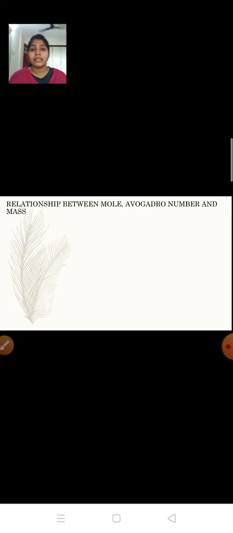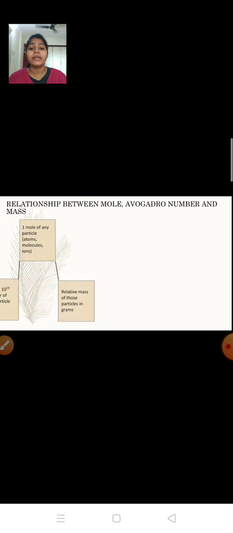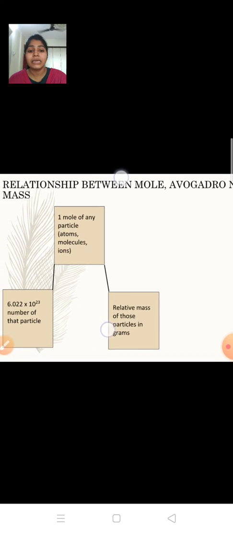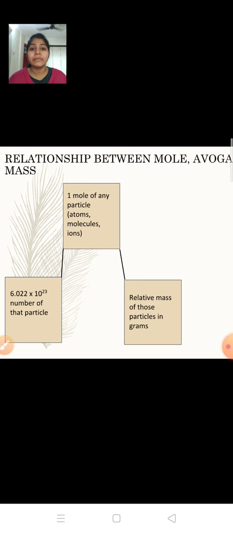Now there is a relationship between mole, Avogadro number and mass. Okay. So you can see the mole forms a bridge between mass and quantity, right?